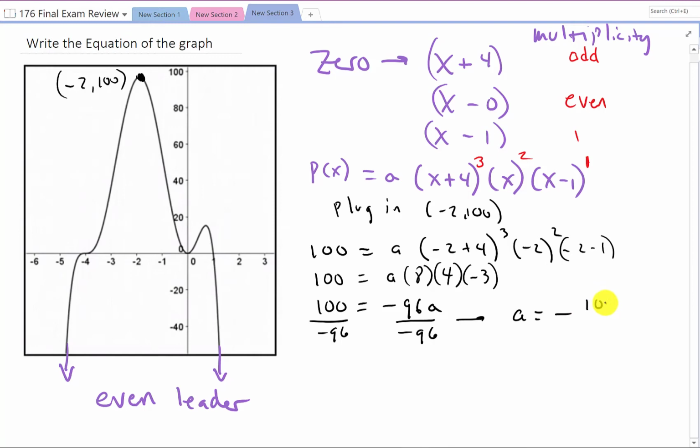And that corresponds to what we thought. The negative means the U, so the leader is even. Well, let's go back and talk about that in a second. Let me write the polynomial.